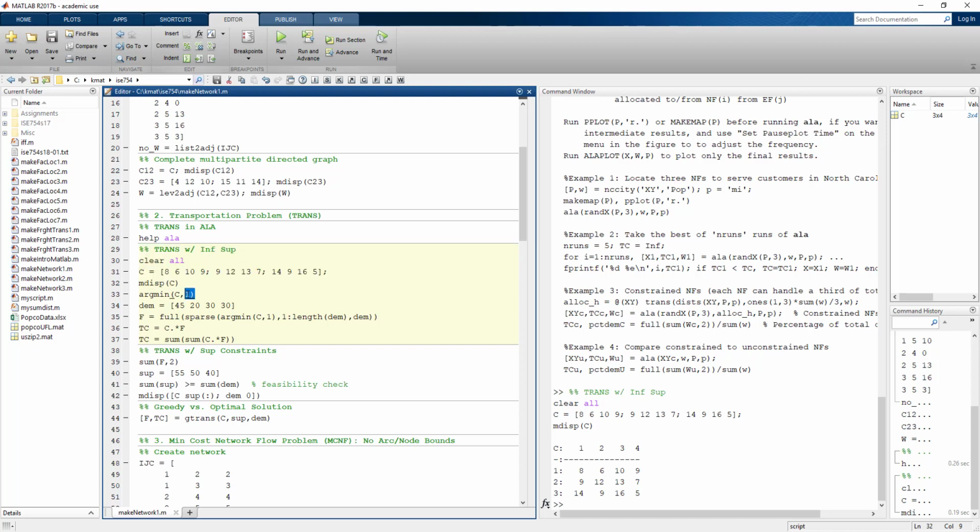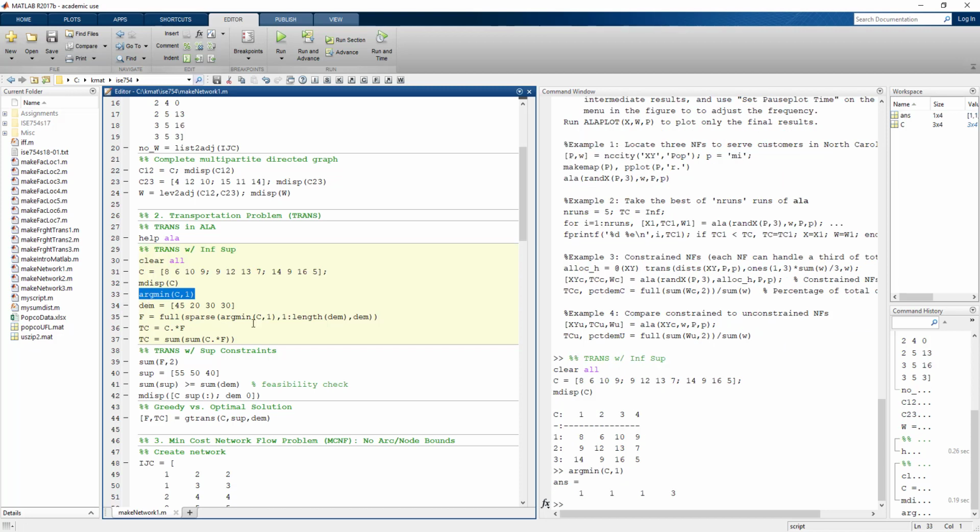And in the case of infinite supply, we can easily solve what is the optimal solution by just taking the minimum elements in each column of the C matrix. So we get the first 3 customers are served by facility 1, and then the 4th customer is served by facility 3, and then facility 2 does not serve any of the 4 because it's not the lowest cost alternative for any of the 4 customers.